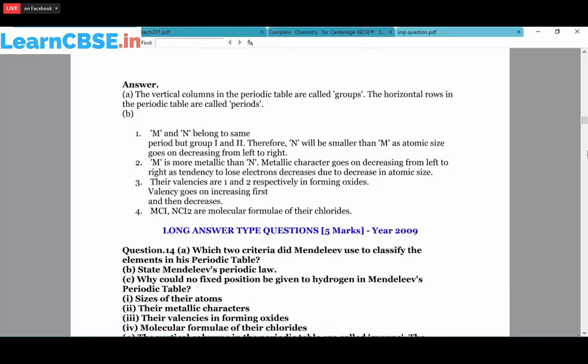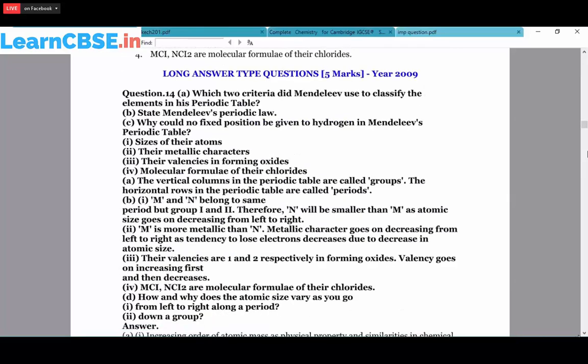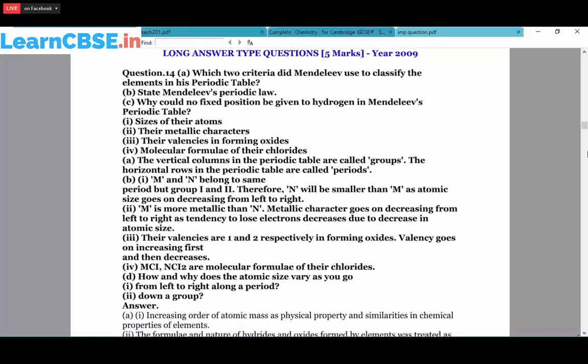Next one is question number 14a. Which two criteria did Mendeleev use to classify the elements in the periodic table? One is atomic mass, the other is the chemical properties of the elements. Based on these two properties, Mendeleev classified the elements.